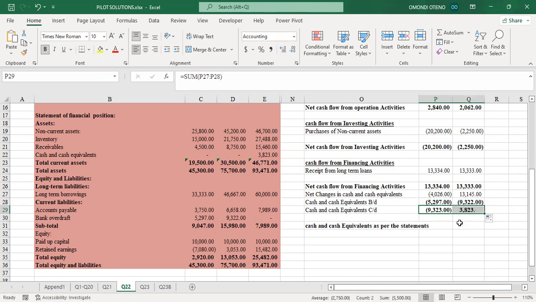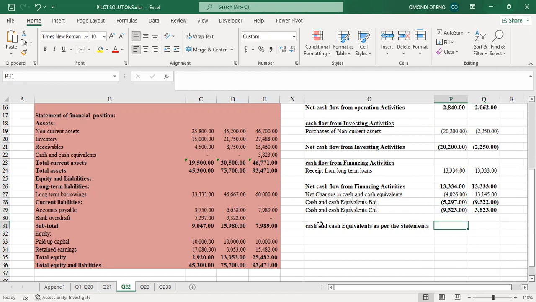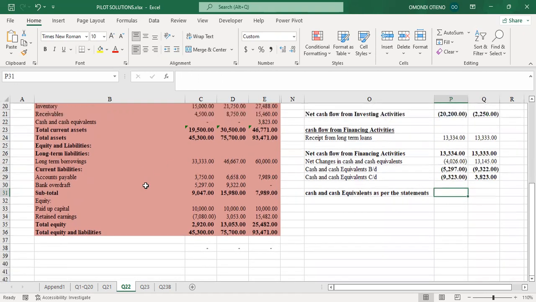For 2022, we are having 3823. So these balances here must be equal to cash and cash equivalents as per the statement. So let's see if these figures are going to add up to what we have in our cash and cash equivalents in the statement of financial position.